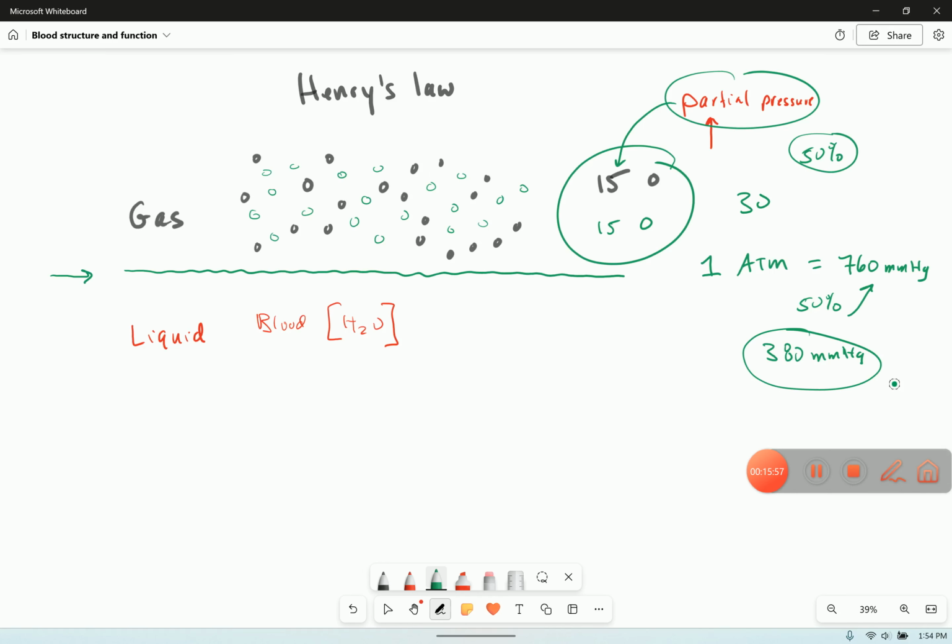Okay. Now, also keep in mind that the gases are moving in all sorts of different directions, right? They're not stationary. Gases bounce off each other. They're moving around.